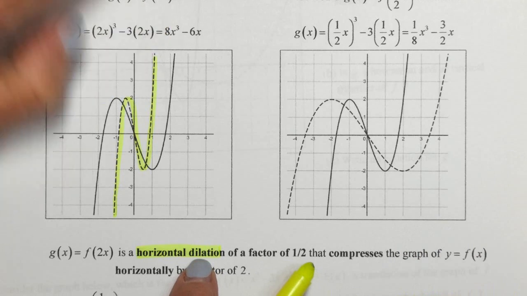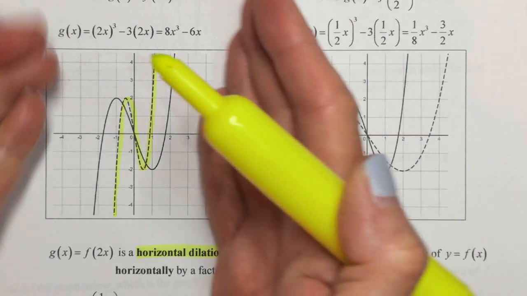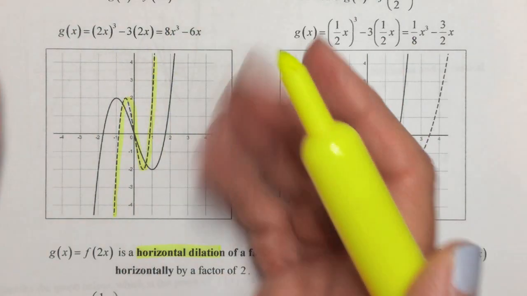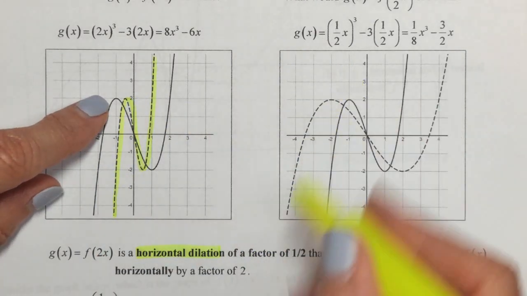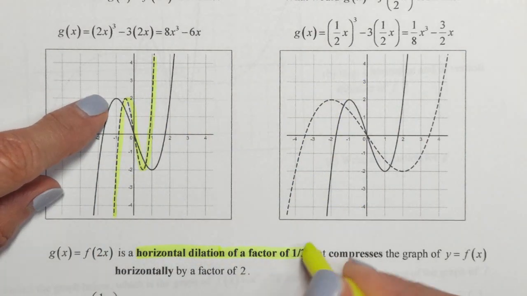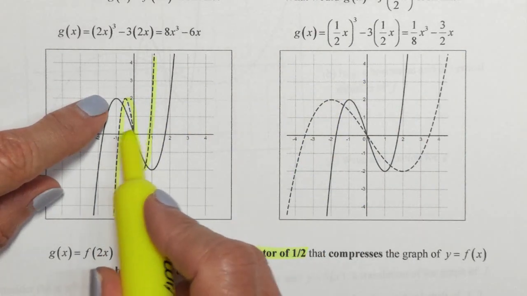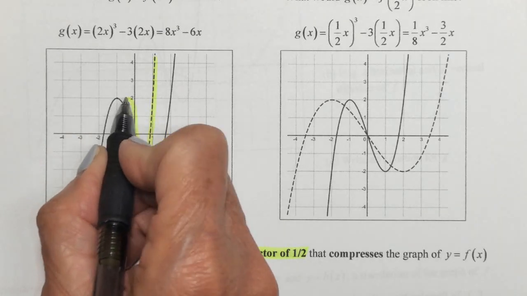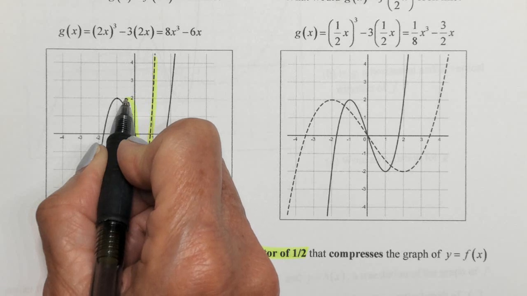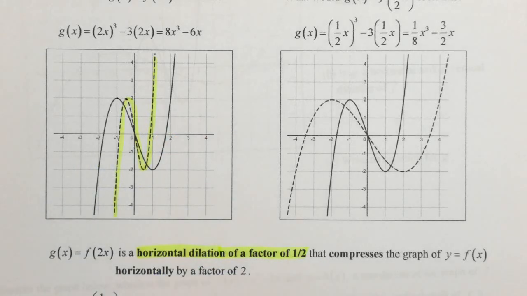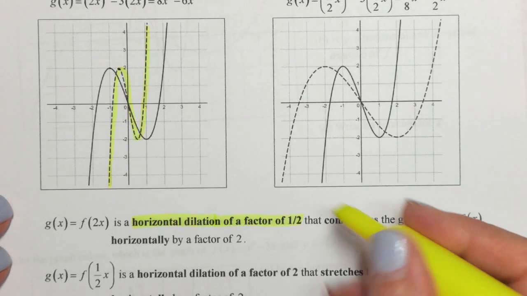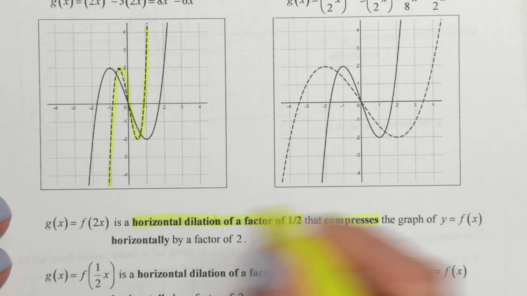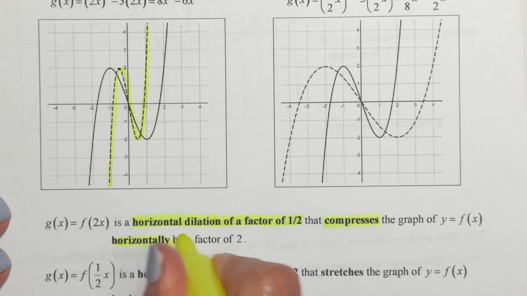That's a horizontal dilation, but it's of a factor of a half because everything is cut in half. Every x is cut in half. This x was 1. This x is a half. So it's a dilation of factor 1/2. That compresses the graph horizontally by a factor of 2.